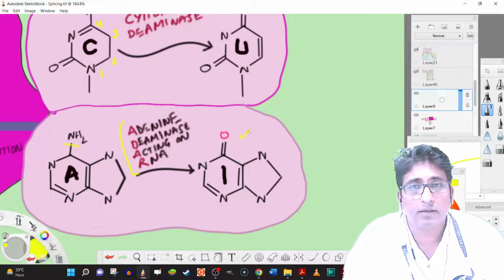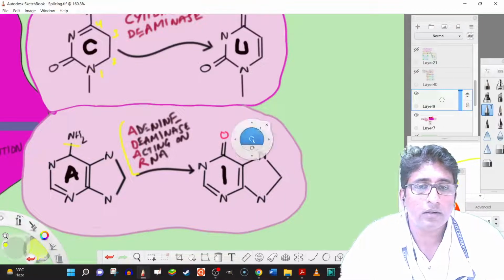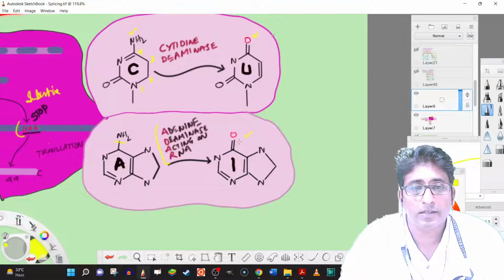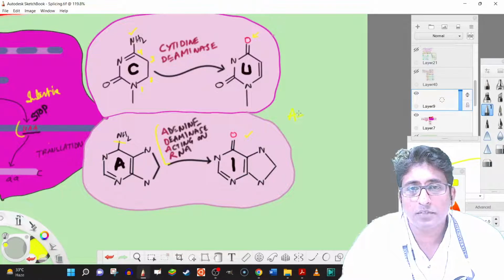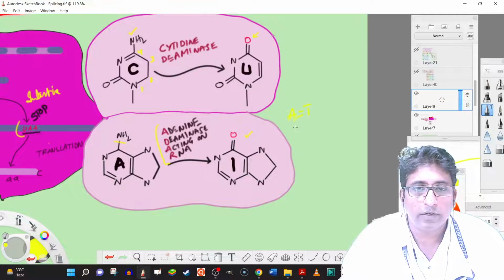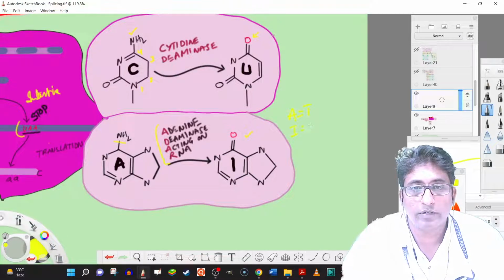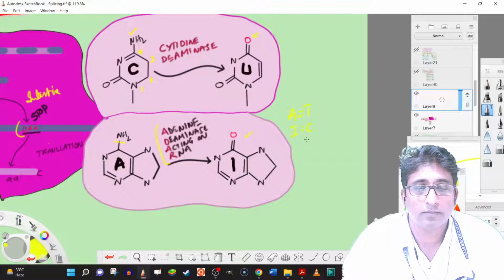Inosine is a kind of precursor for all the purines. Inosine is not a normal base in RNA. Adenine would have base paired with uracil, whereas inosine could base pair with multiple others, including cytosine.